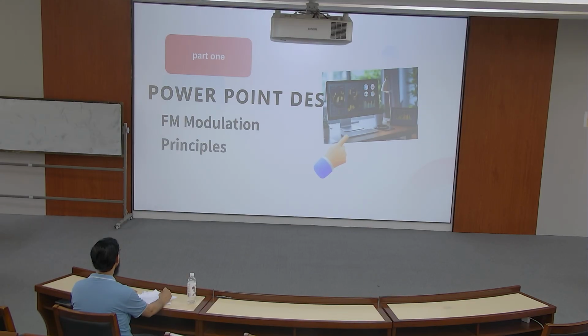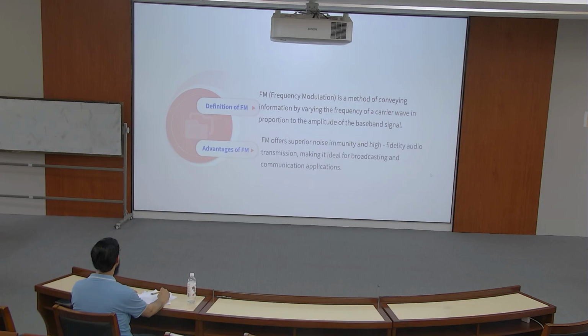First, part 1, FM modulation principles. The definition of FM: FM is a method of conveying information by varying the frequency of a carrier wave in proportion to the amplitude of the baseband signal.